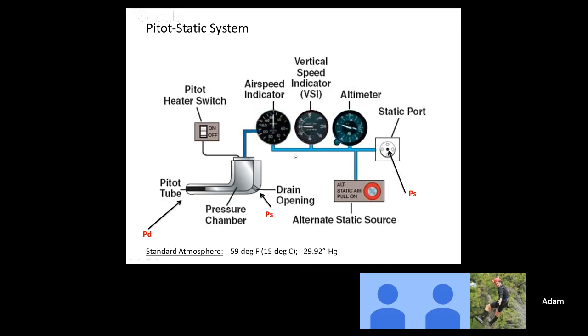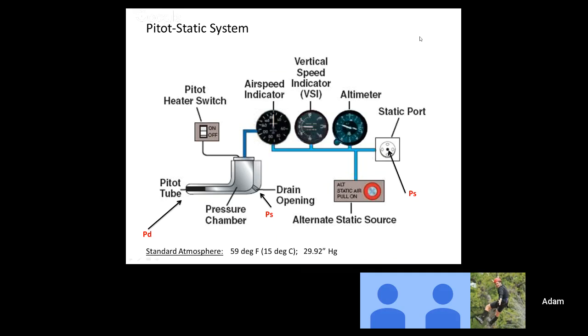On the other side of the system, when we look at the airspeed indicator, it operates also on the principle of static pressure. However, it truly operates on the principle of pressure differential between ambient static pressure, the pressure that is outside the aircraft being introduced to the static port, and ram air pressure, or as you'll see it called, dynamic pressure, P sub D, through the pitot tube.